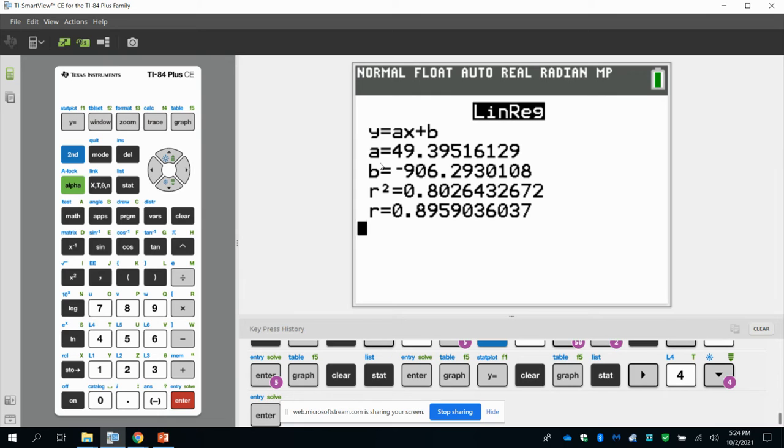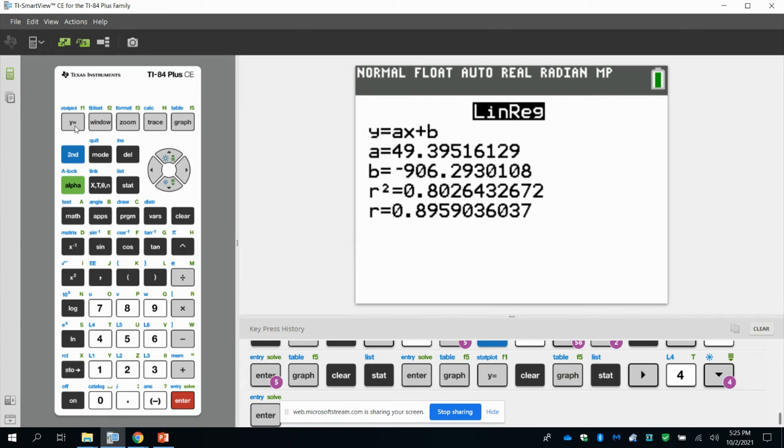And then for the slope, put a backdoor behind the 9, and the digit after it is 5, greater than or equal to 5. We need to add 1 to the previous digit. So this changes to 0, and this changes to 4. So 49.40, that's how we model this linear function. So the slope is 49.40, and the y-intercept is negative 906.29.